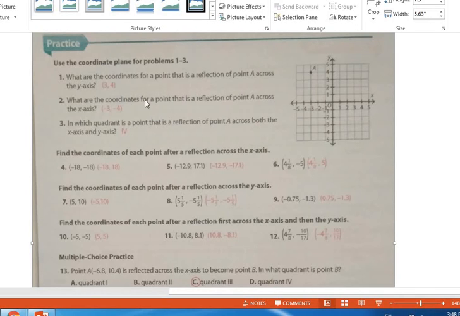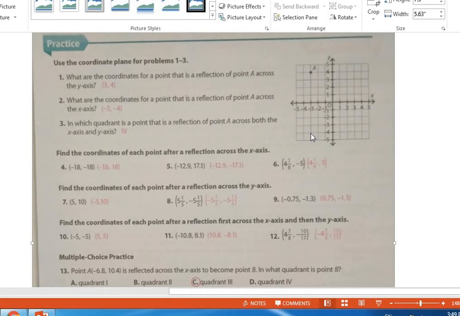What are the coordinates for a point that is a reflection of A across the x-axis? It will cross the x-axis. It's very easy. How many square units here? 1 2 3 and 4. So I will move 1 2 3 and 4, the same distance. So what is this, miss?